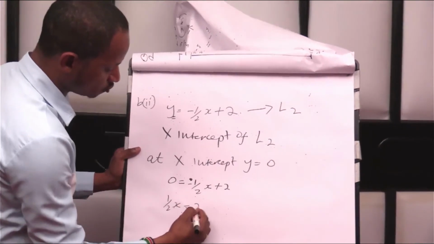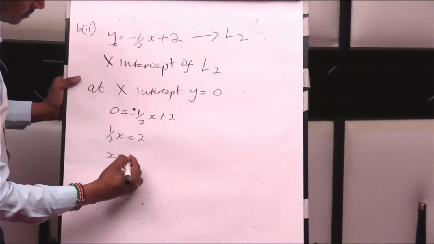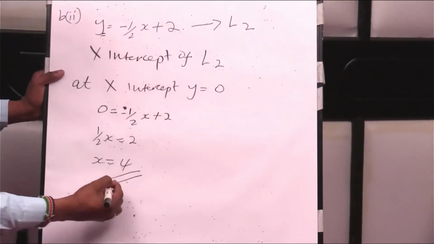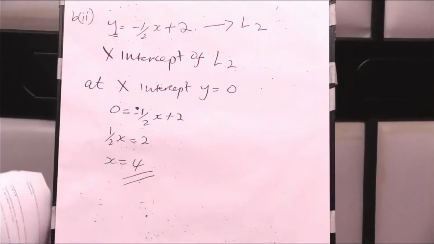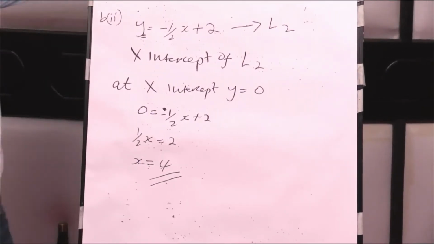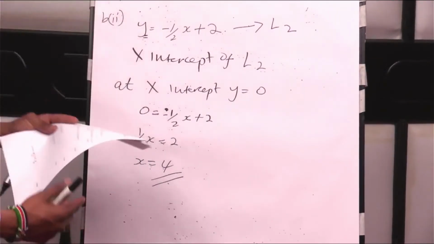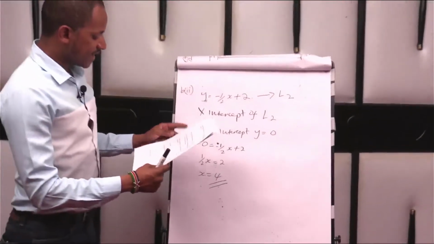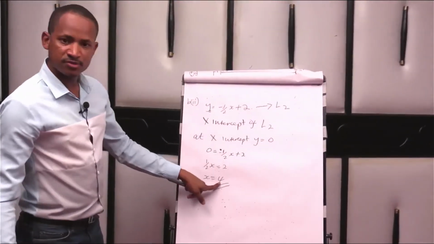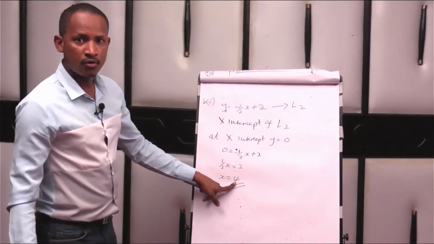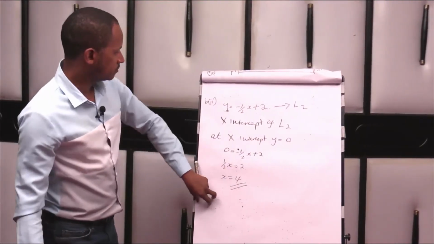A half x equals 2. Therefore, x equals 4. So easy. So this question says, find the x-intercept of L2. X-intercept of L2 is 4 when y equals 0.